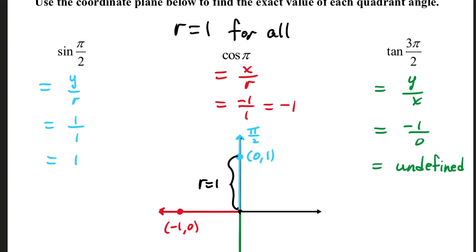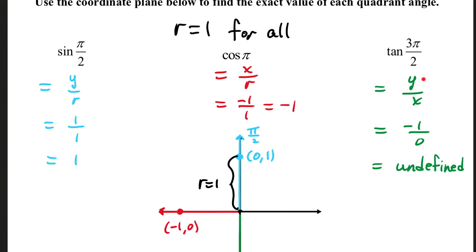In green, and your farthest right example, tangent of 3 pi over 2. 3 pi over 2 radians is equivalent to 270 degrees. So starting on the positive x-axis, rotating 3 pi over 2 radians or 270 degrees puts us on this green terminal side. 1 unit from the origin puts us at the point (0, -1).